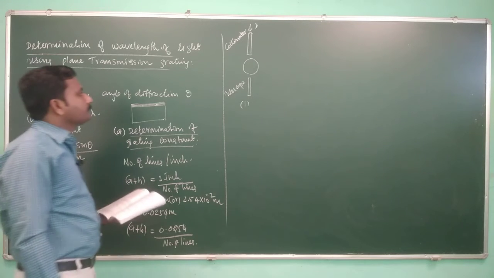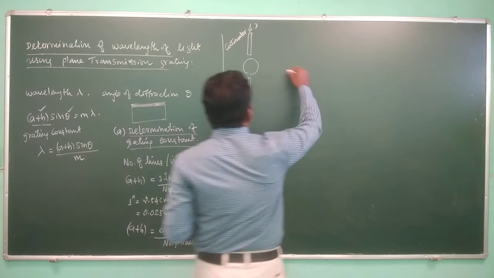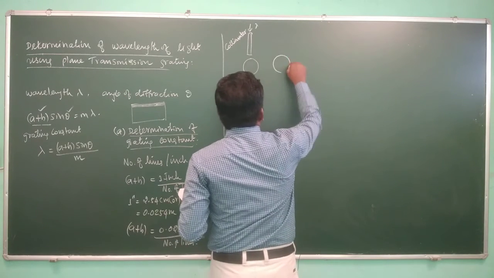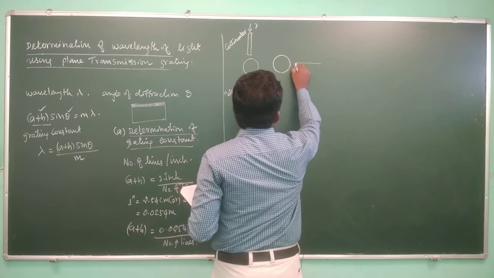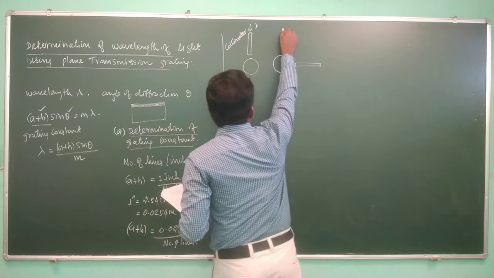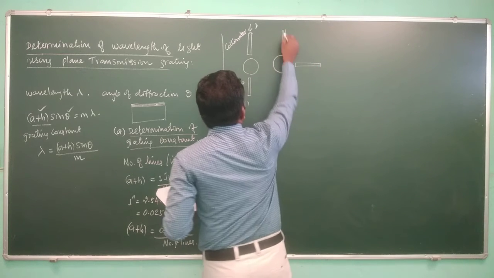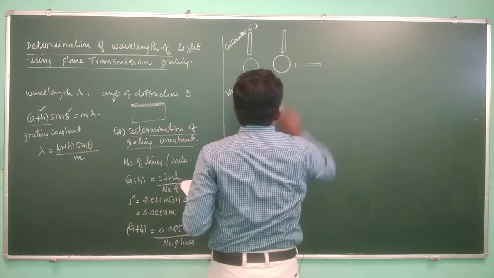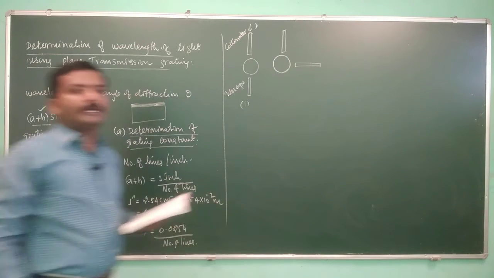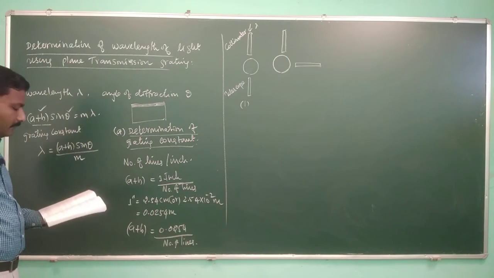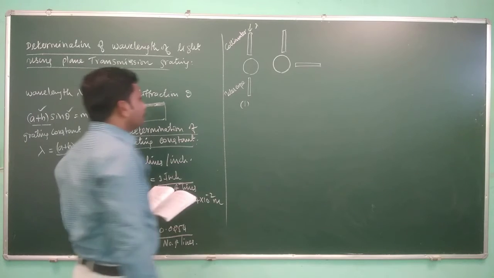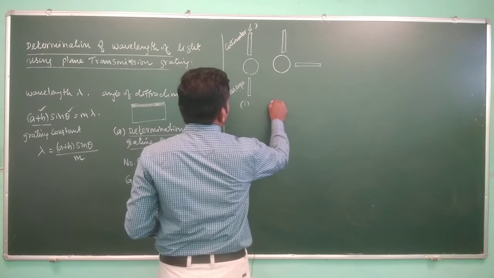And second thing, step 2: you rotate the telescope 90 degrees to the collimator and fix it. The angle between them is 90 degrees.